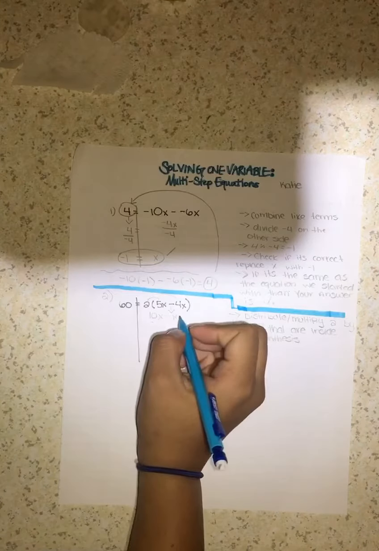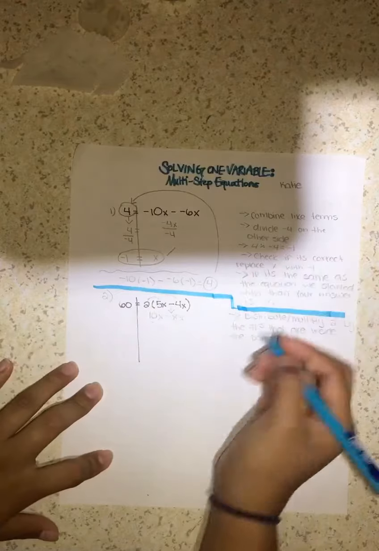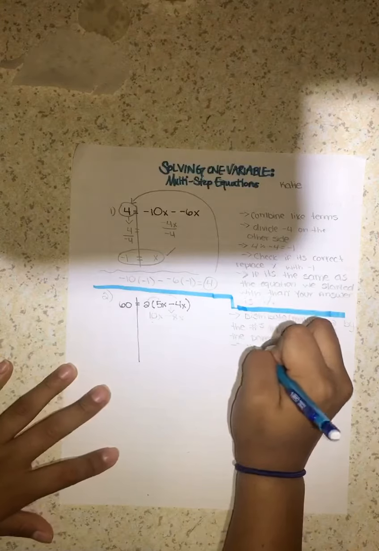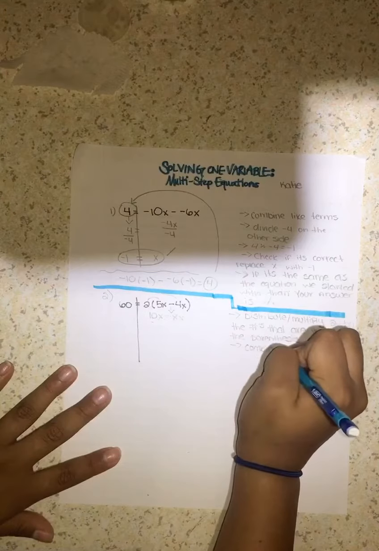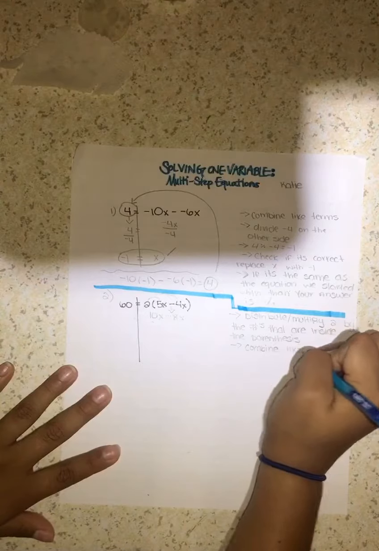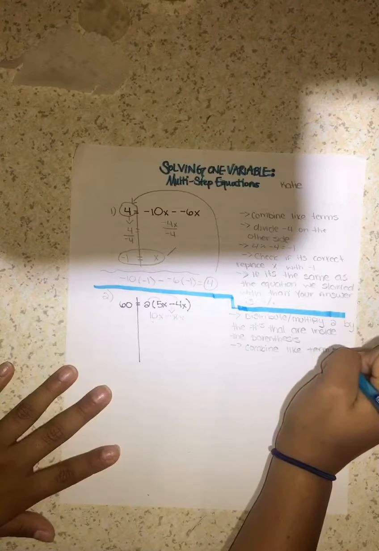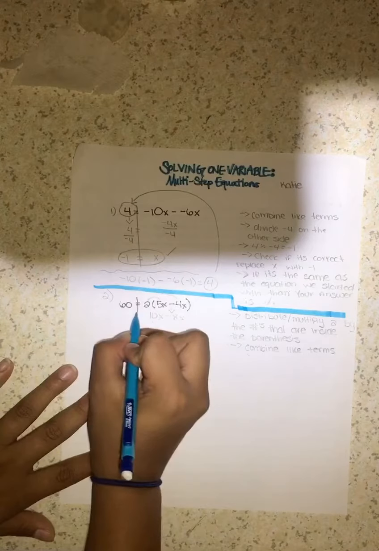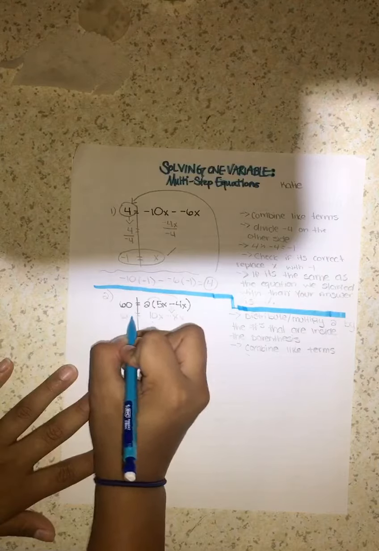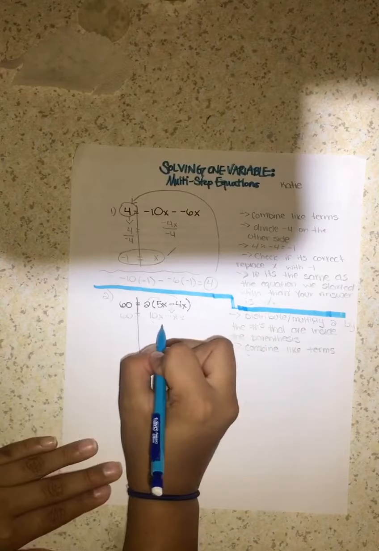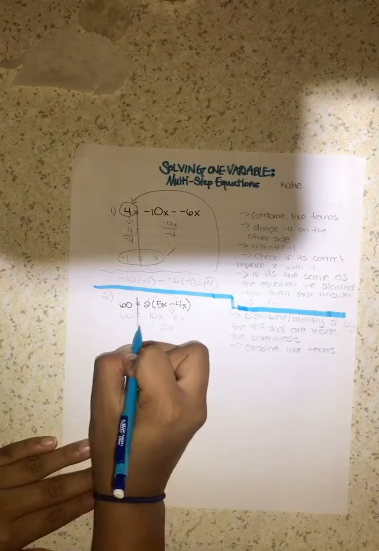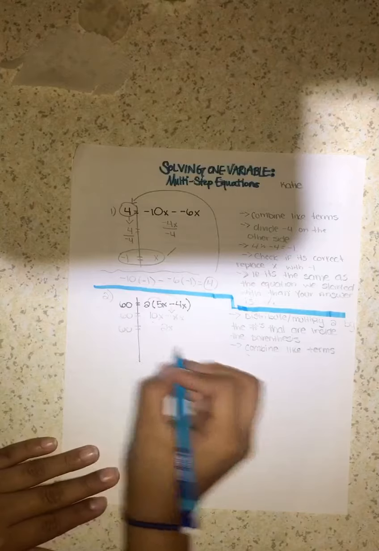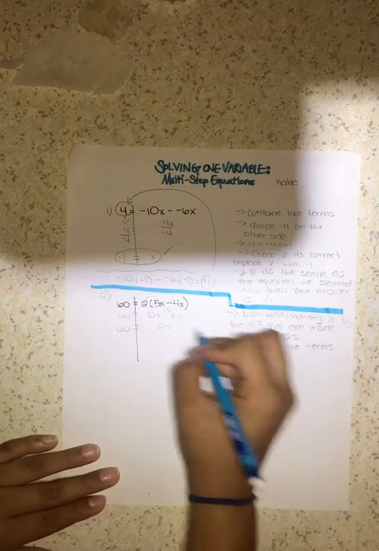So now, like we did up here, we're just going to combine like terms, which in this case would be 10x minus 8x, which should equal 2x. Remember, we always need to be carrying our number down. So 2x.